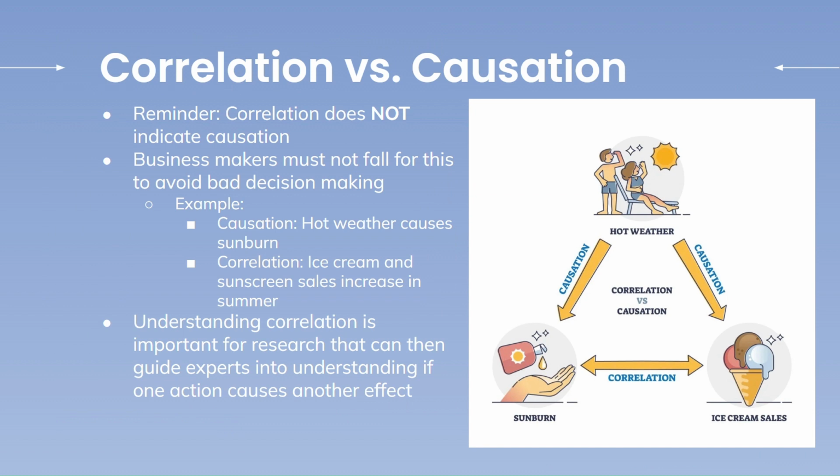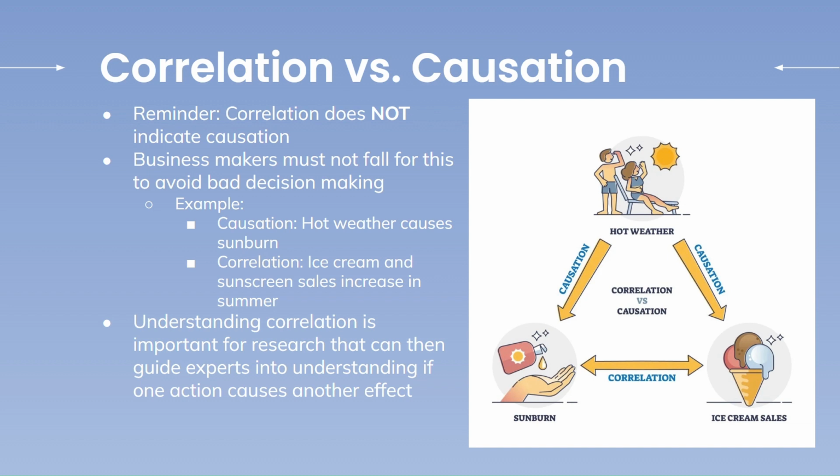Now, when thinking about correlation and causation, this is very important to think about because it's something that many decision makers or business makers will fall for, thinking that correlation means causation, which then leads to them making bad decisions or creating misinformation. For example, as you can see in this chart, hot weather causes sunburn, which then you could see the causation would be an increase in sunscreen sales and ice cream sales.